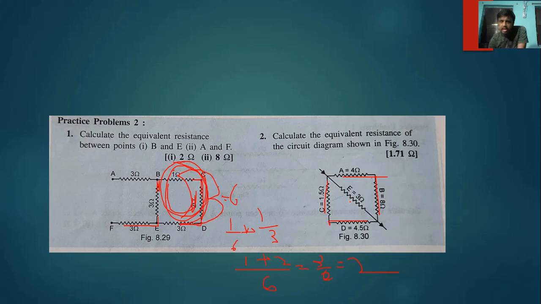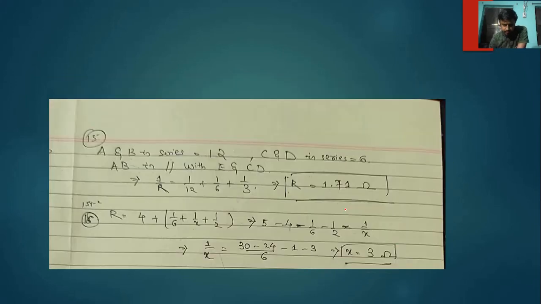So are these three in series? Nope, they are not in series. This whole equivalent is parallel to 3 ohm. So we have to first find R series 1, then R series 2, and R series 1, E and R series 2 are parallel to each other.